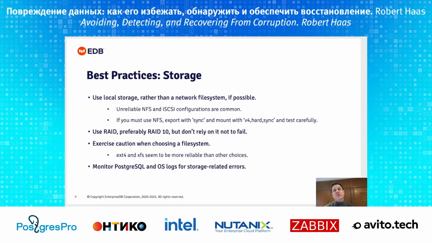And I've seen multiple cases where bugs in ZFS corrupted customer data, and it was very clear that the problem could only be explained by ZFS having at least one bug, if not several. So I am very cautious about the idea that it's okay to use some other file system with PostgreSQL.